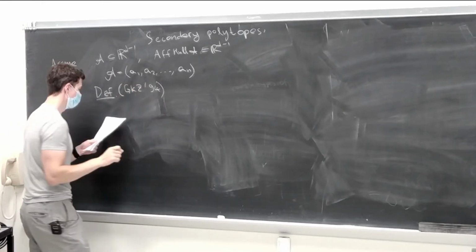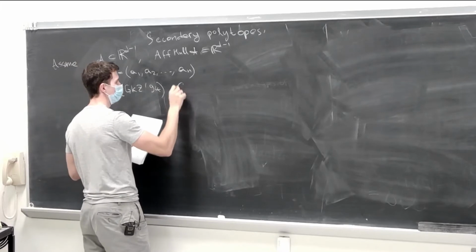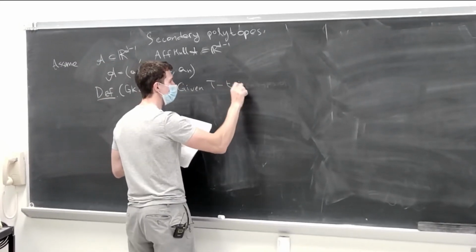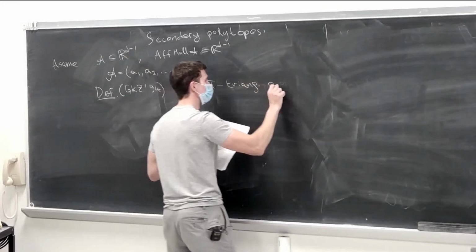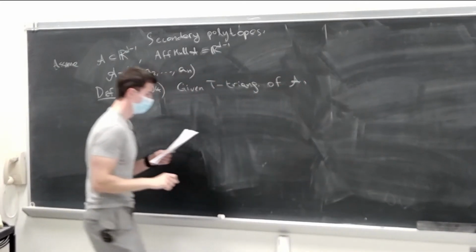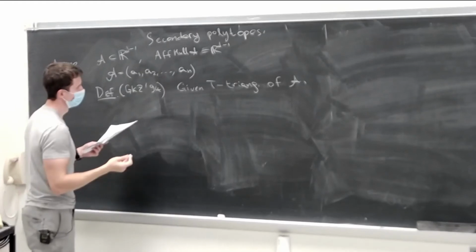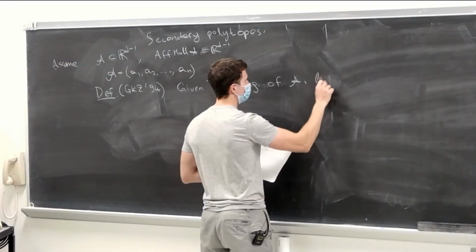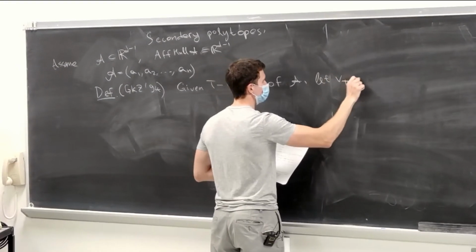And so here's the definition from GKZ 94. Suppose you have a triangulation T of A. I'm going to introduce a vector, v_T.